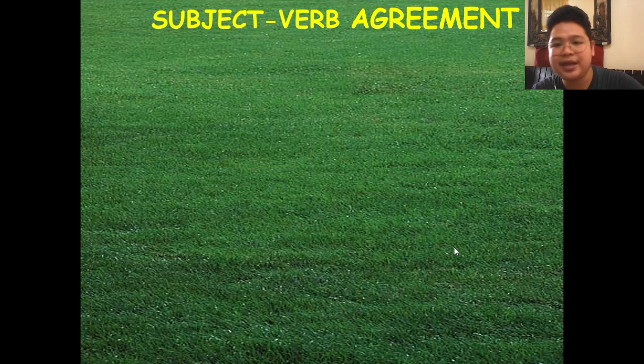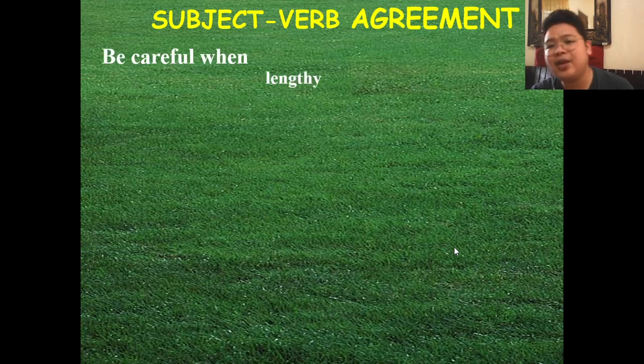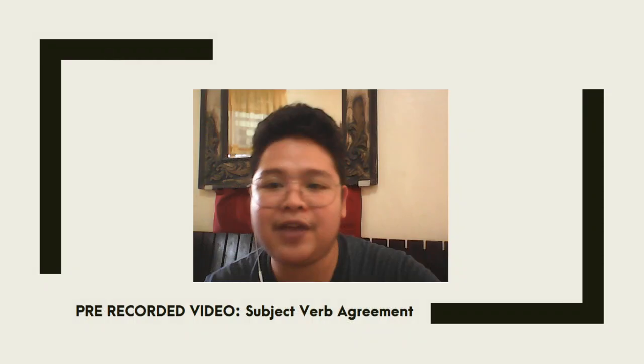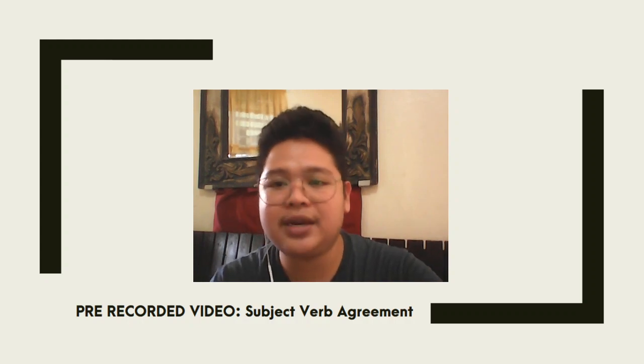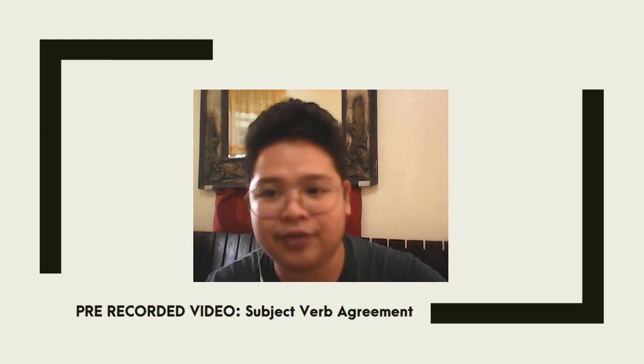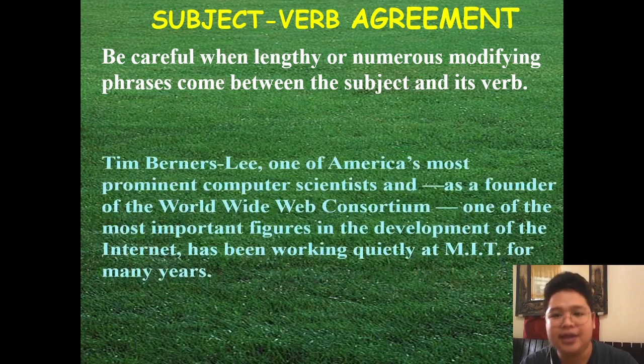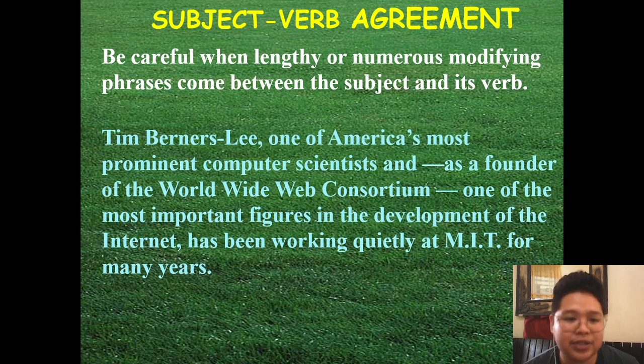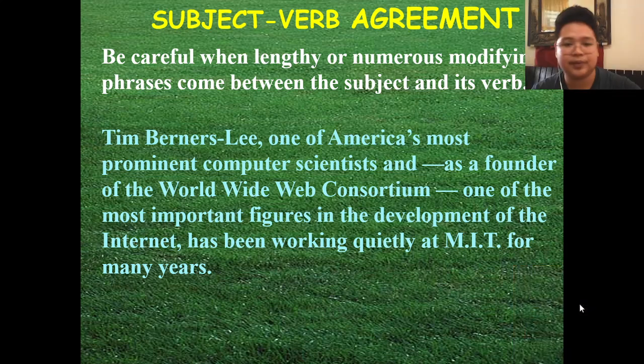Okay, so be careful when lengthy or numerous modifying phrases come between the subject and its verb. For example, Tim Berners-Lee, one of America's most prominent computer scientists and the founder of the World Wide Web Consortium, one of the most important figures in the development of the Internet, has been working quietly at MIT for many years.